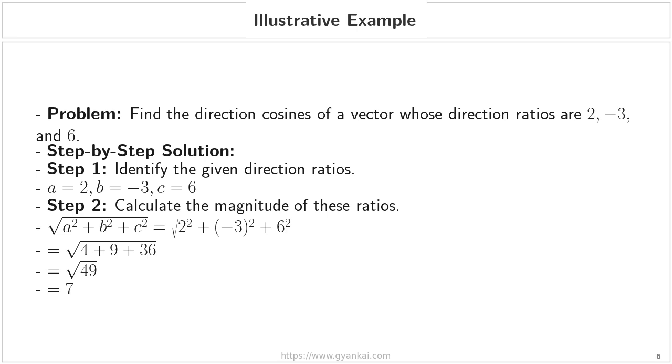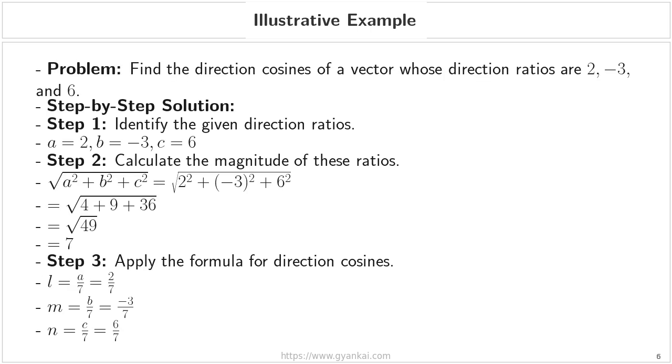our magnitude is 7. Finally, in step 3, we apply the formula for direction cosines that we learned earlier. We divide each of our original direction ratios by this magnitude, which is 7. So, L equals A over 7, which gives us 2 over 7. Then, M equals B over 7, which gives us -3 over 7. And lastly, N equals C over 7, which gives us 6 over 7.